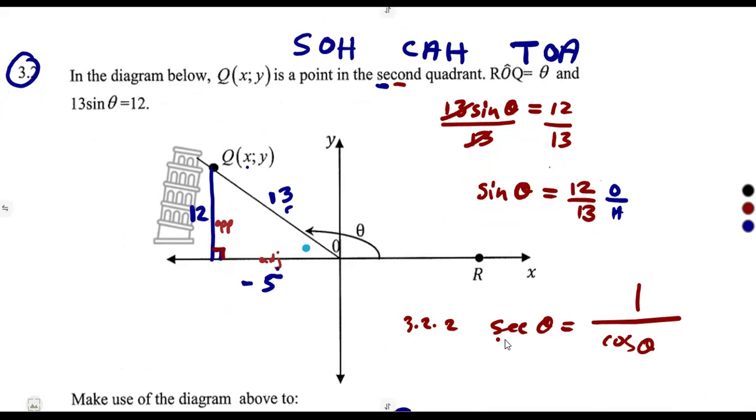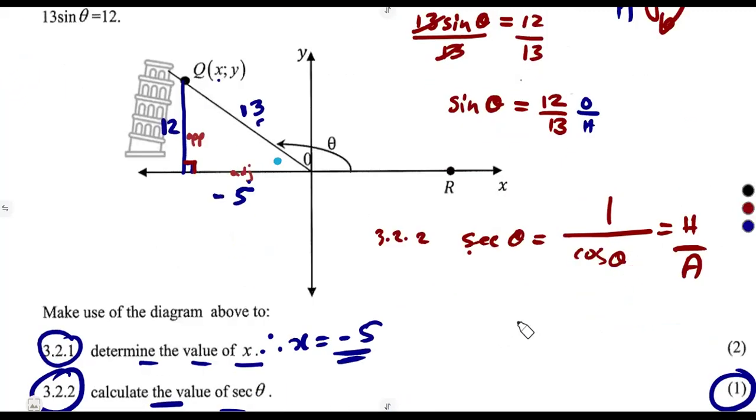If you understand that it's 1 over cos, what is cos? Cos is adjacent over hypotenuse. So 1 over that is the reciprocal of this. So it's hypotenuse over adjacent, the reciprocal, interchange. That's the sec. 1 over cos will give us hypotenuse over adjacent.